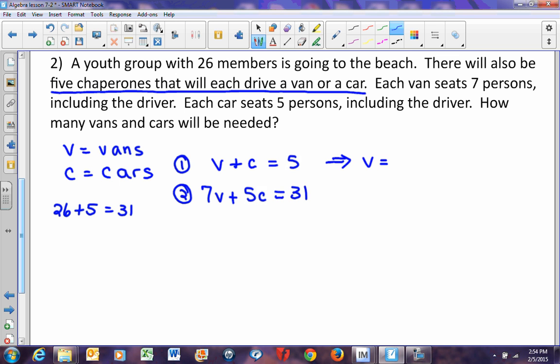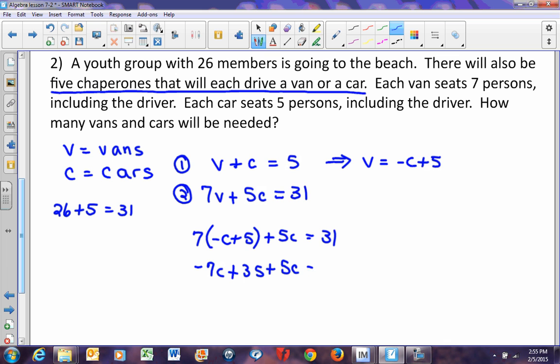So v is going to equal negative c plus 5, or 5 minus c, however you want to write it. So in equation 2, I'm going to have 7 times negative c plus 5, plus 5c equals 31. So 7 times negative c is negative 7c plus 35 plus 5c equals 31.